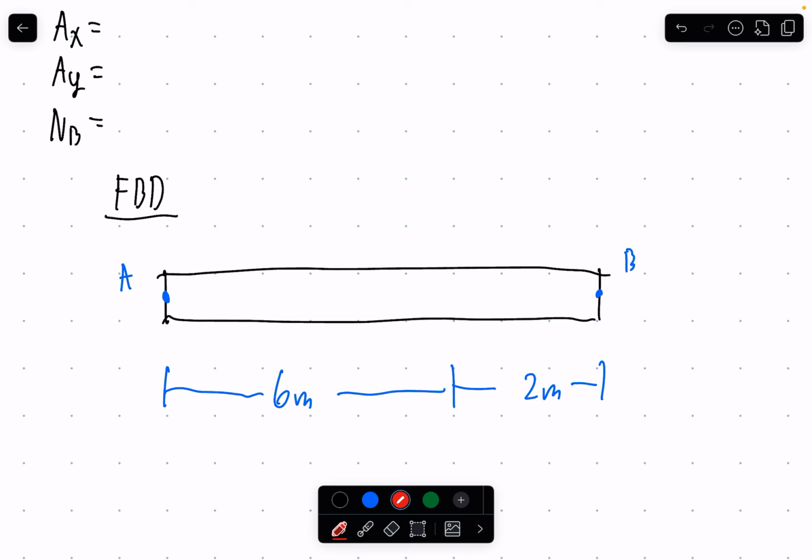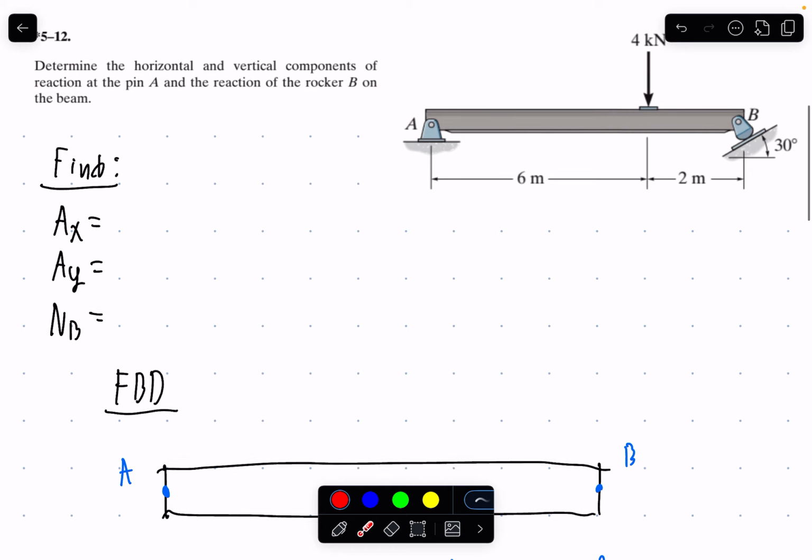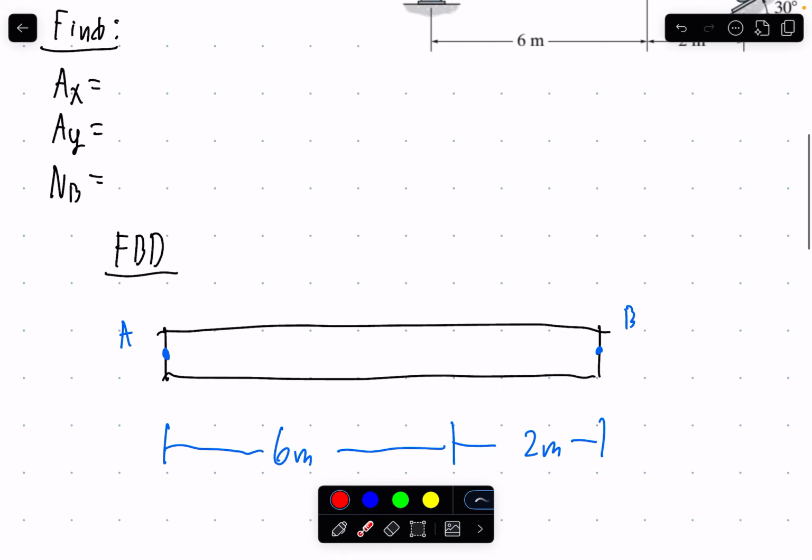Going from left to right on the beam, we have a pin reaction at A. Like I said earlier, it'll resist both horizontal and vertical forces. It will not resist moments, however. The beam would be free to rotate around A if there's no other forces acting on it.